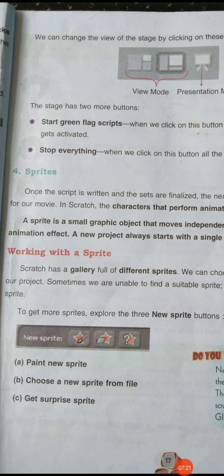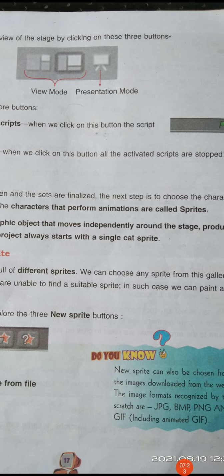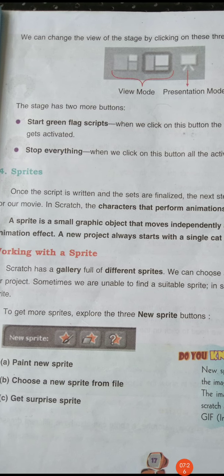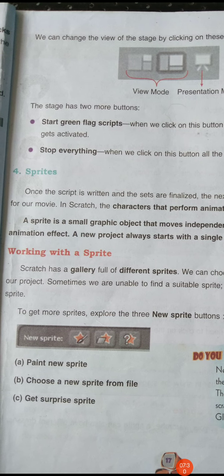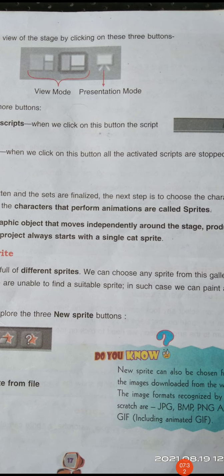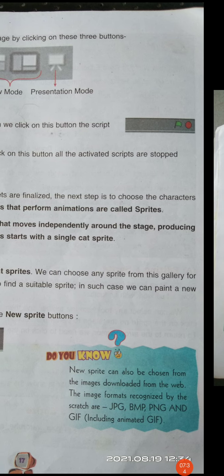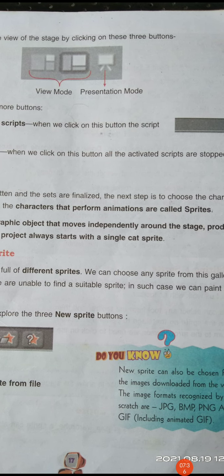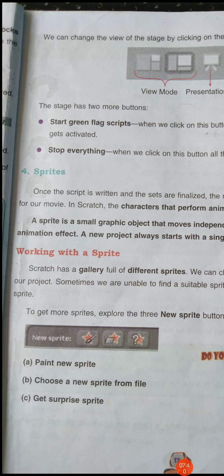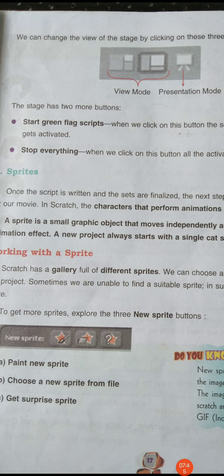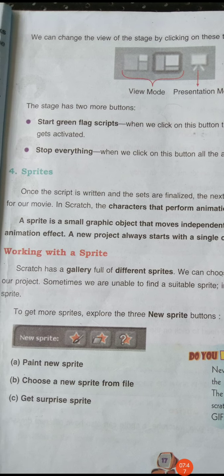So in this way we have the option to choose any sprite from the gallery according to our own choice, or when we are unable to find a suitable sprite, we can paint a new sprite ourselves. To get more sprites, explore the three new sprite buttons.